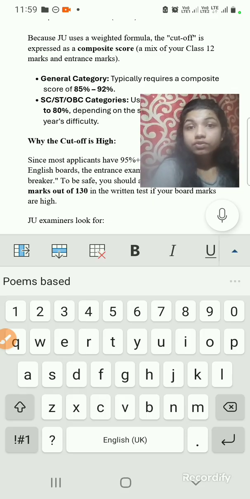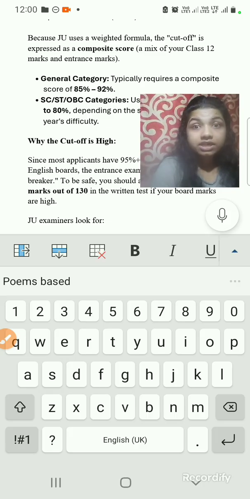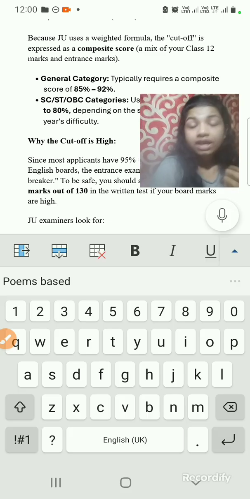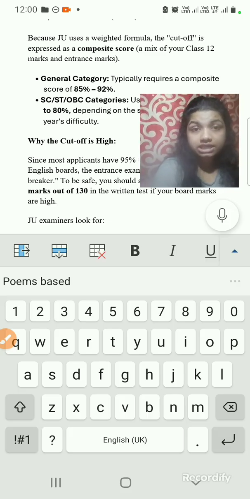Okay, so the general category most of the time requires 85 to 92%, and SC ST OBC requires 80%. This 80% and 85 to 92% is not just about the HS result. There would be a combined result of your HS, 50% taken from your HS and another 50% taken from your entrance exam result, and then it would be calculated, and after that you would know the general cutoff.